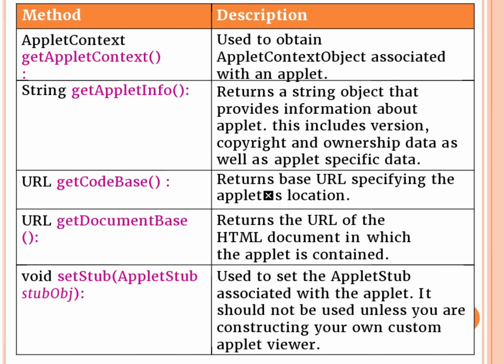Next, we have the getAppletContext method, which is used to obtain an applet context object in the applet. The next method is getAppletInfo, which returns a string value that provides applet information. The next methods are getCodeBase and getDocumentBase. These methods will return the URLs of the applet location and the HTML document of the applet application.